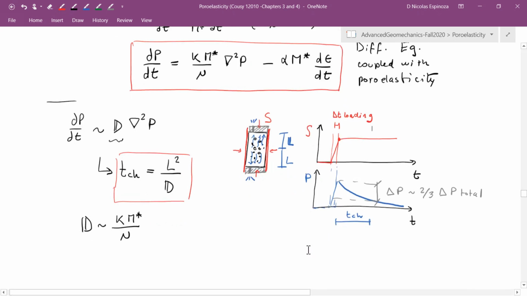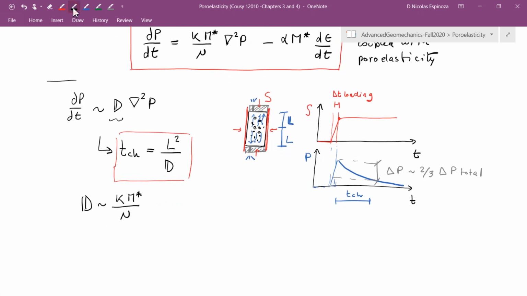So here, if the characteristic time of loading is significantly higher, let's not use the time characteristic here. If the loading time is significantly higher than the, let's start with the smaller because it's what we see over here.